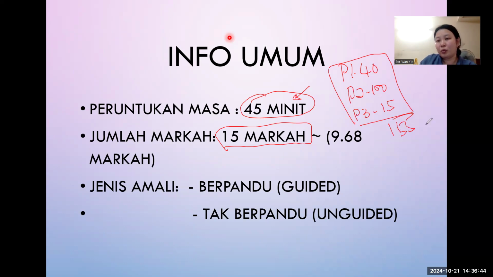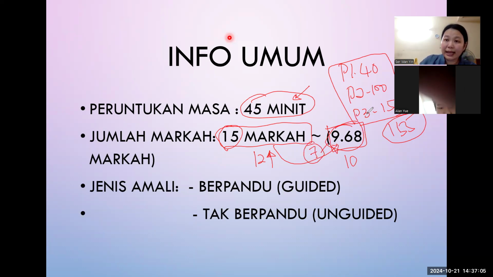If we sum up, it will be 155. So if we convert the 15 marks, it will be around 9.68 marks, nearly 10. As long as you can score 12 and above, it means you got around 7 marks in your hand already.